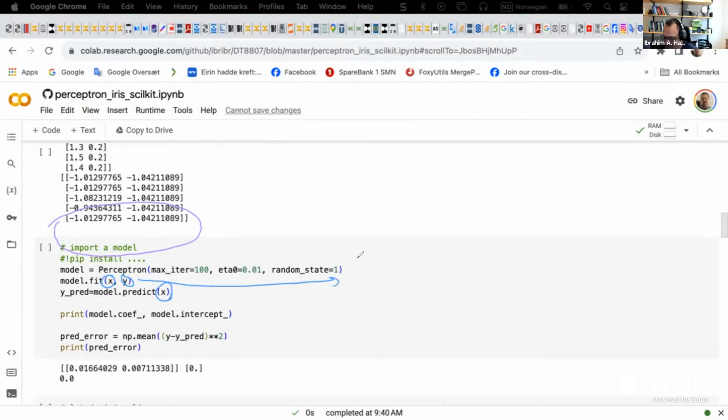This step we call training, and the prediction step we call testing. So in fact, we have been training and testing the model using the same X values. This is not correct. You need to train your model using a training set, and after that, hold out part of the data for testing, so you can test the model using new data.